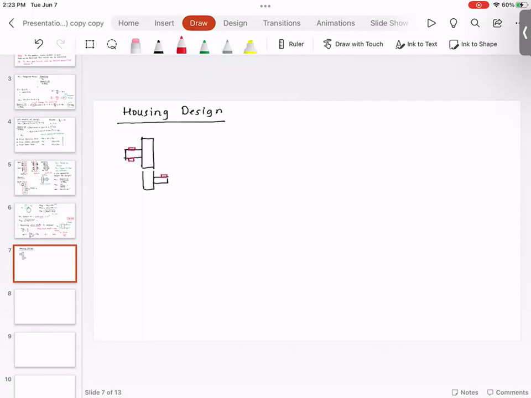Clearly, here we are not designing the bearing. We are just going to estimate the approximate size of the bearing, and then we would construct or draw the housing around the bearing. So it would go something like this.